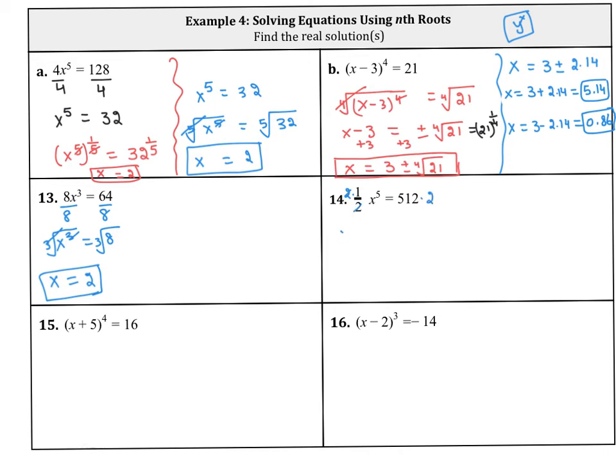In the next one, you're going to multiply by 2 on both sides. 2 and 2 cancel. x to the power 5 equals 1024. To get rid of the 5, we need to take a fifth root on both sides. The 5 and fifth root cancel. x equals one answer. If you multiply 4 by itself 5 times, you get 1024.